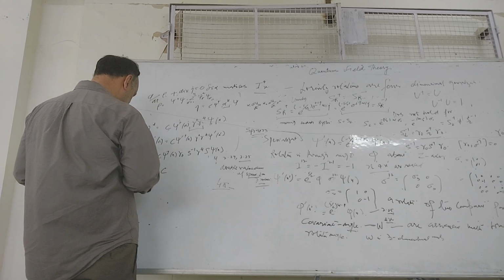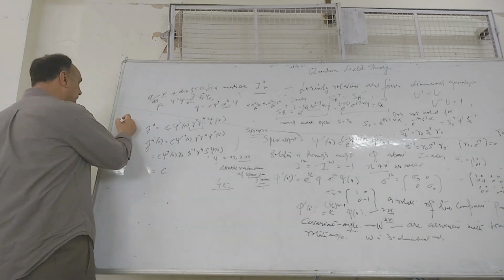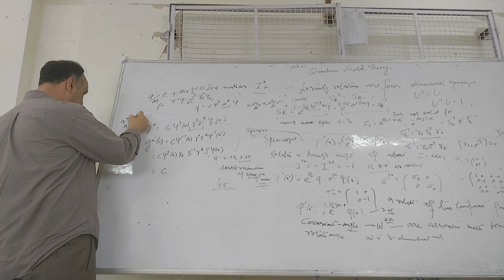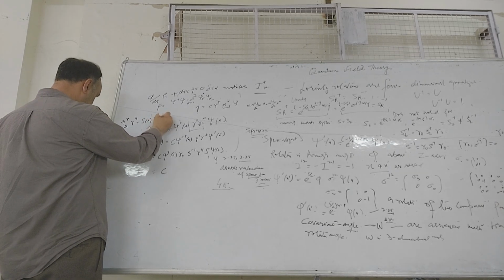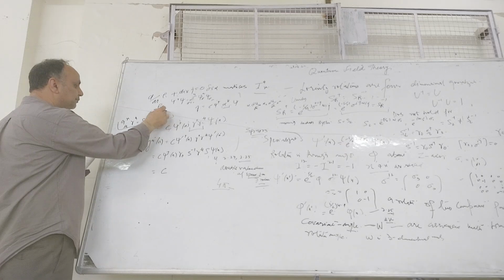If you remember from last class, A mu gamma mu is equal to S A gamma mu S inverse.